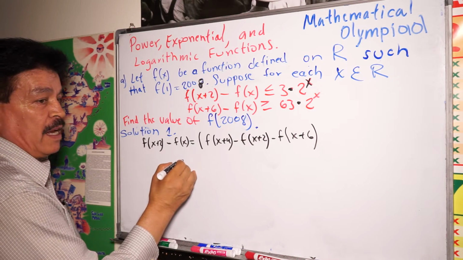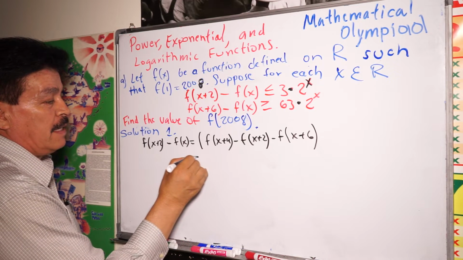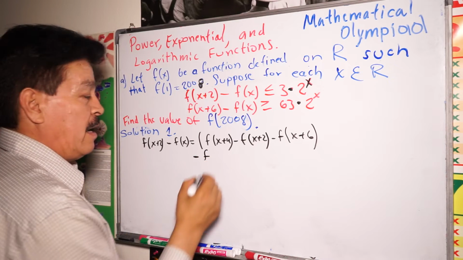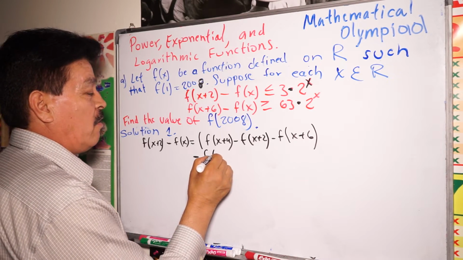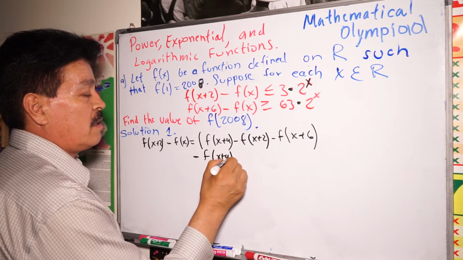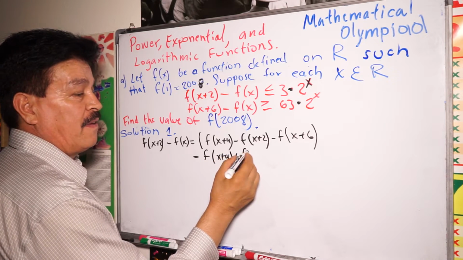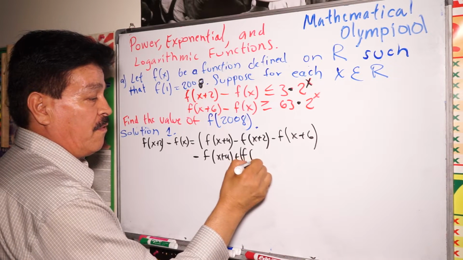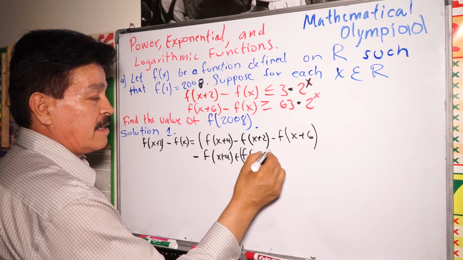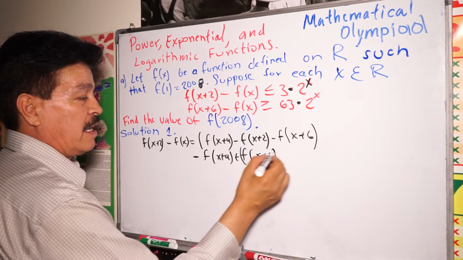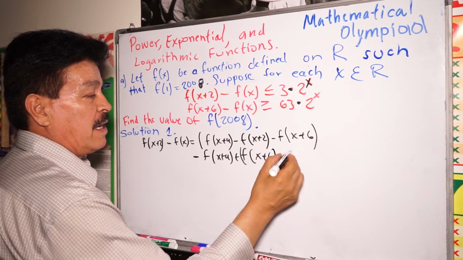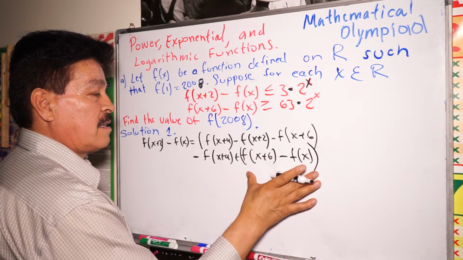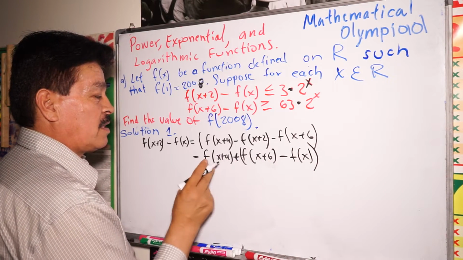Here it is going to be negative f(x+4) plus f(x+6), right? In this way, look at the parentheses here, minus f(x), all this, x added to this.